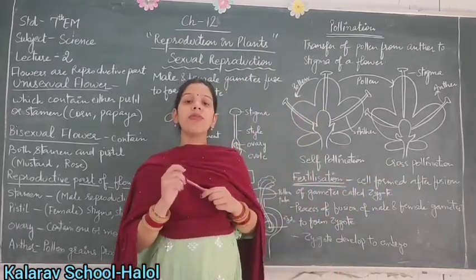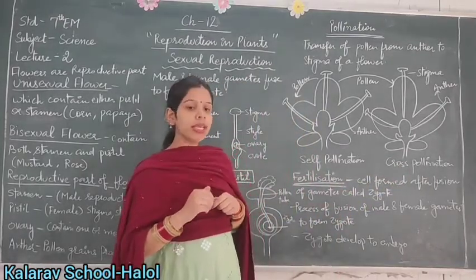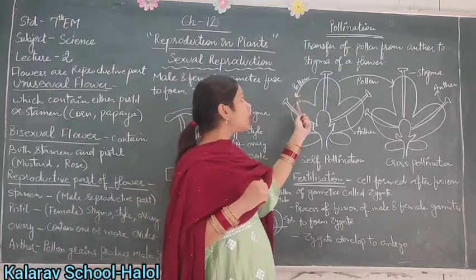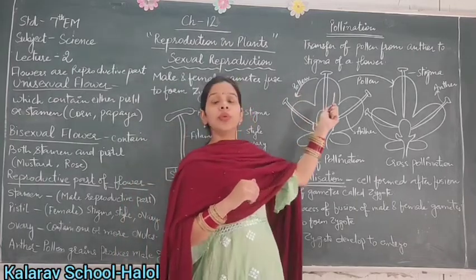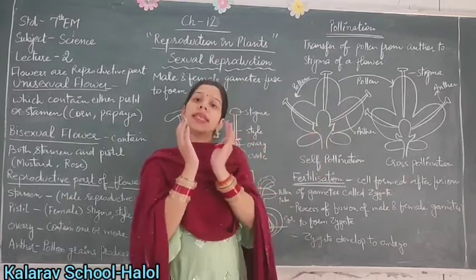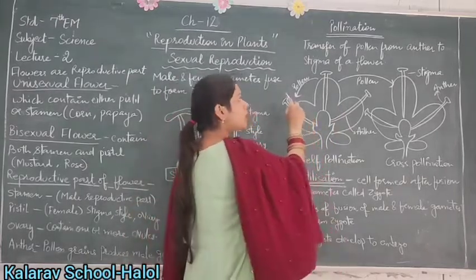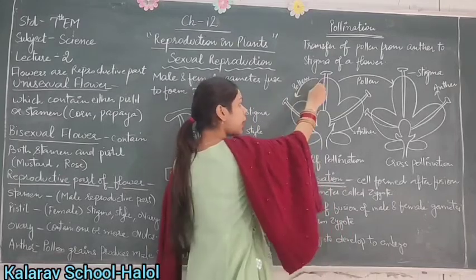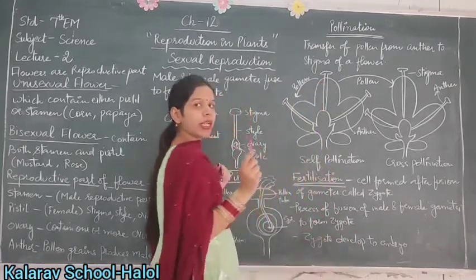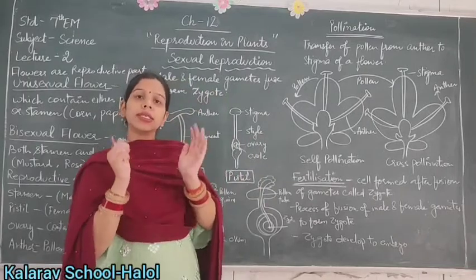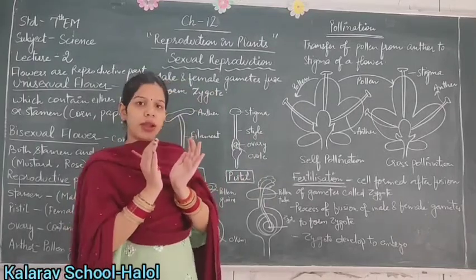Self-pollination is the process in which pollen is transferred to the stigma in the same flower. If pollen is transferred from this anther to this stigma, it is called self-pollination because it is done in the same flower.